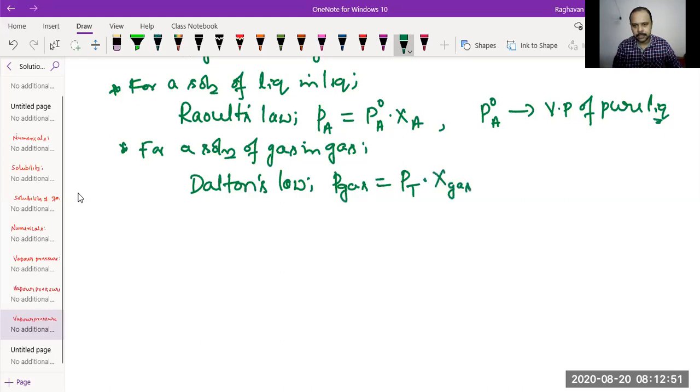Your constant is PT, the total pressure of the mixture.